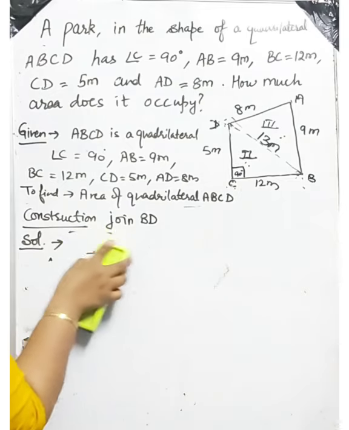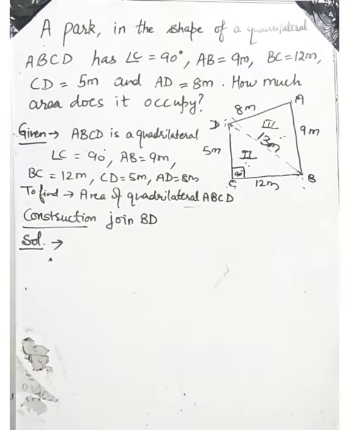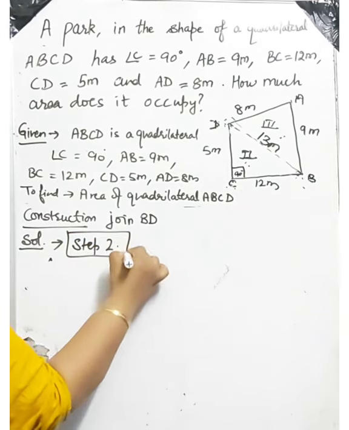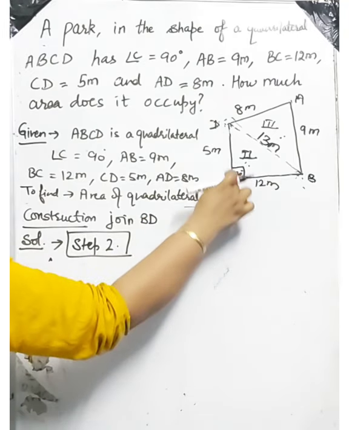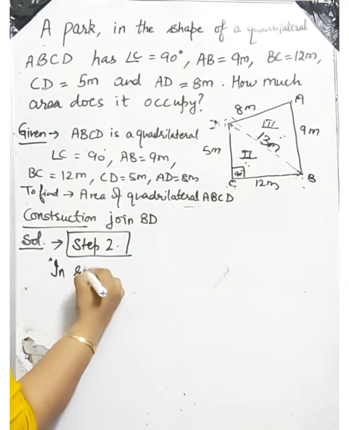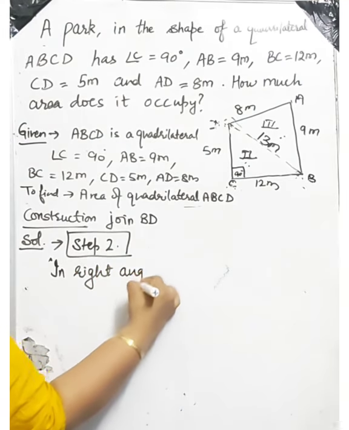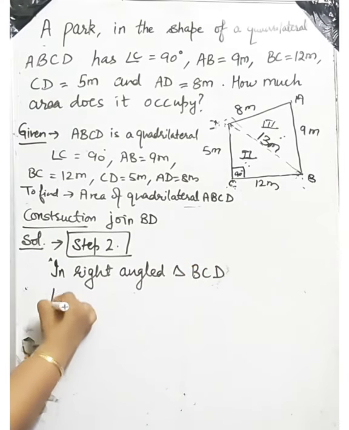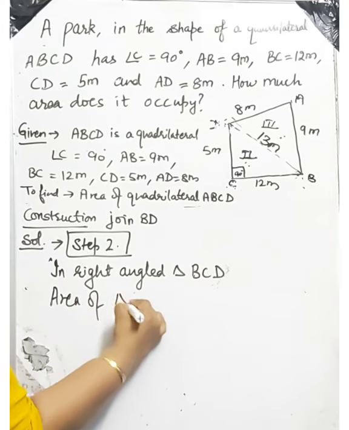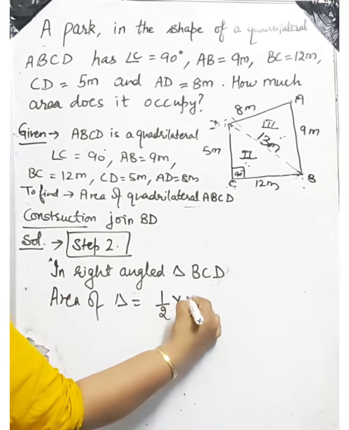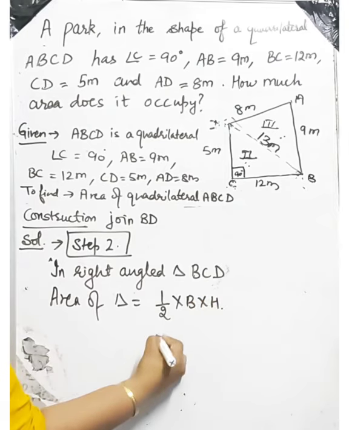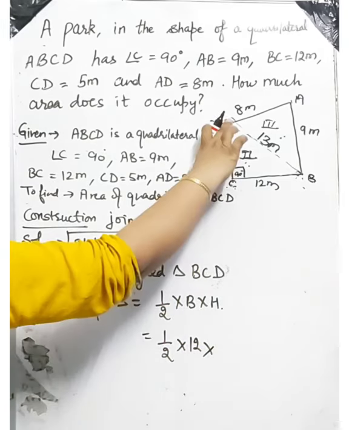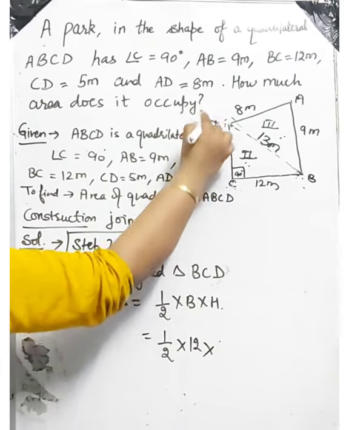Now we have to solve step 2. In step 2 we have to find area of triangle BCD. In right angle triangle BCD, we know the formula for calculating the area of triangle equal to half into base into height, equal to half into base is 12 meter, height is 5 meter.